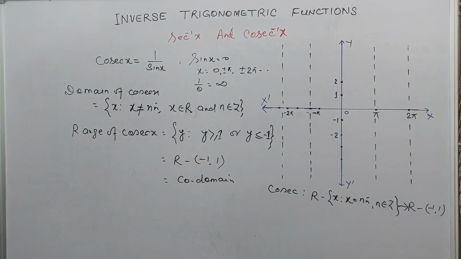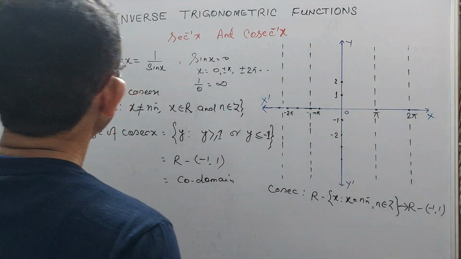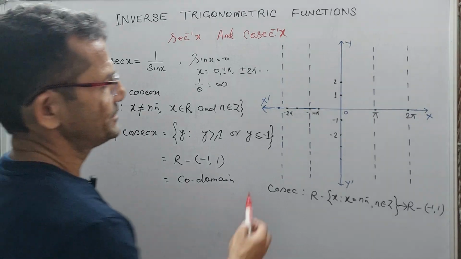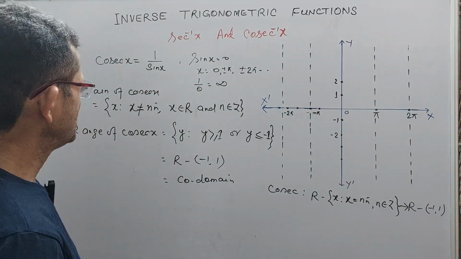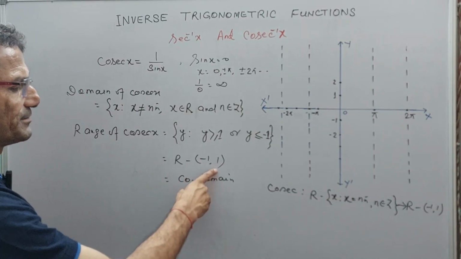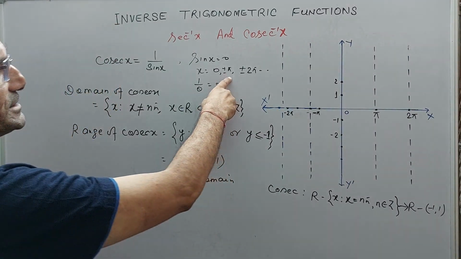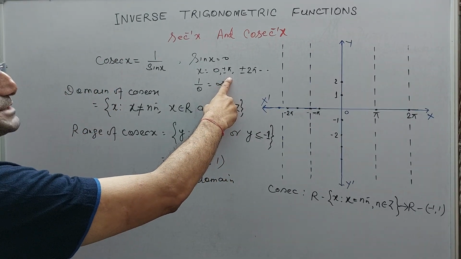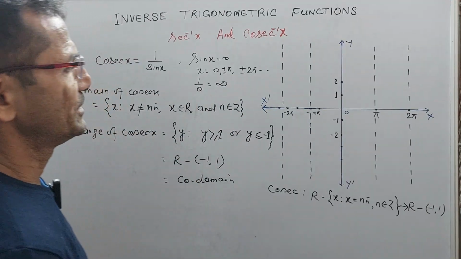So now if I draw the graph of cosec x, this is the x-axis and y-axis. Since in the range part, we have deleted from -1 to 1 from the set of real numbers, and we also know that at 0 and plus minus pi, plus minus 2 pi, cosec x will not be defined.